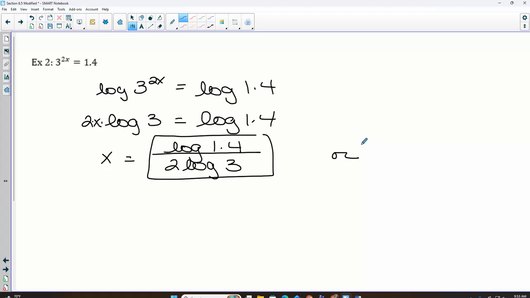All right, so we're going to type this in. Log 1.4, close our parenthesis. And on the denominator 2, log 3, close our parenthesis. So my decimal approximation is 0.153.